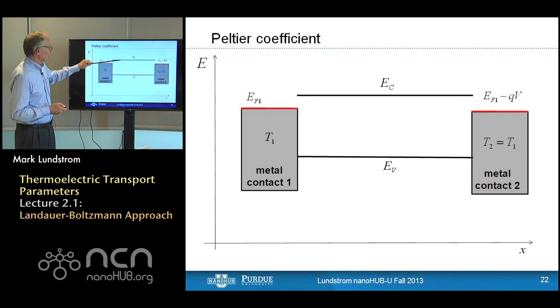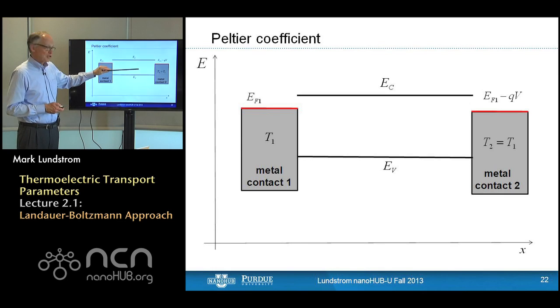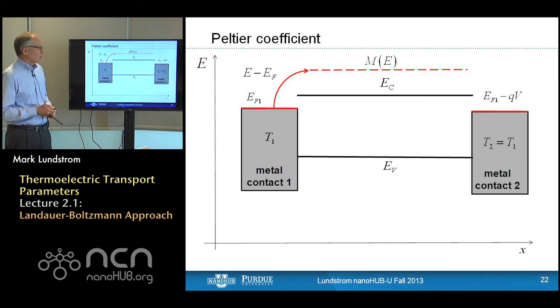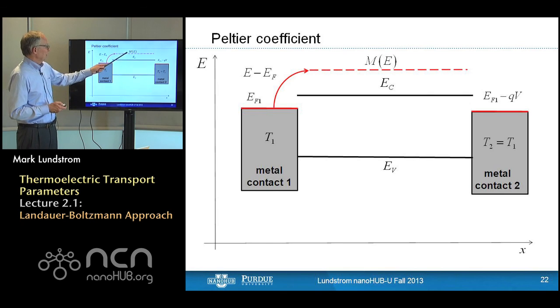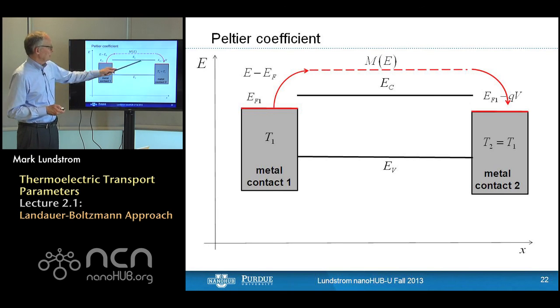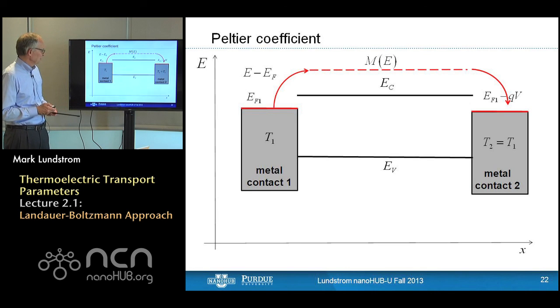In the semiconductor, the current can only flow where there are channels, and there are channels in the conduction band. So we have to absorb heat in order for the electrons to gain the energy, go up from the metal, find a channel at some energy E in the conduction band, flow across the device in the number of channels that are there, and then deposit themselves in contact 2.